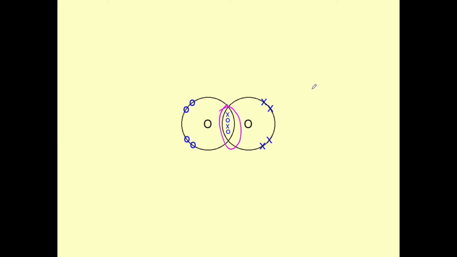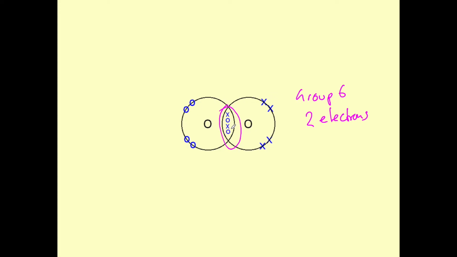Okay, so oxygen has a double bond. Because oxygen is in group 6, it needs 2 electrons in order to have 8, and so it actually shares 2 of its electrons with the other atom. So you can see 2 crosses and 2 dots.